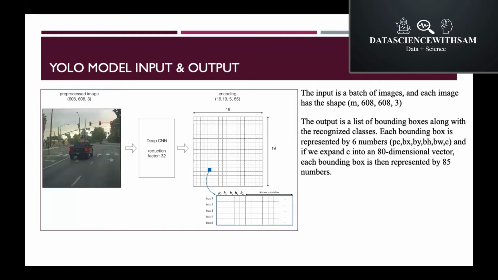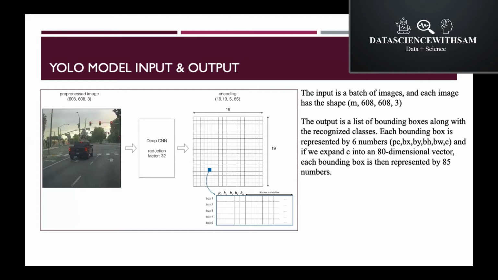In general, for this example, the BH, BW parameter is 5. Next is the C. C represents the class. For each bounding box, we need to predict the class and its corresponding probability factor. So PC and C are very important, because those two parameters denote which particular object that bounding box belongs to.